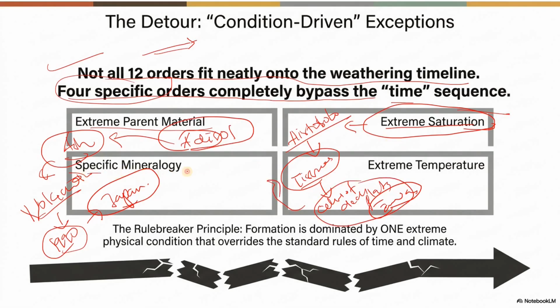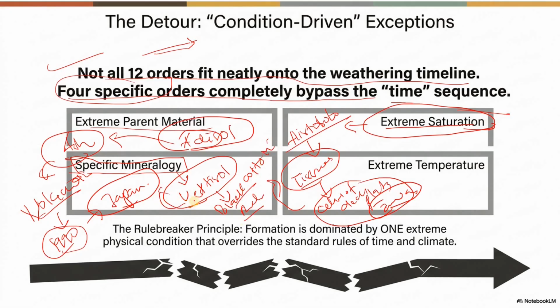Then we are talking about specific mineralogy. Which kind of soil is this? This is Vertisol, which is also called black cotton soil or regur soil in India.